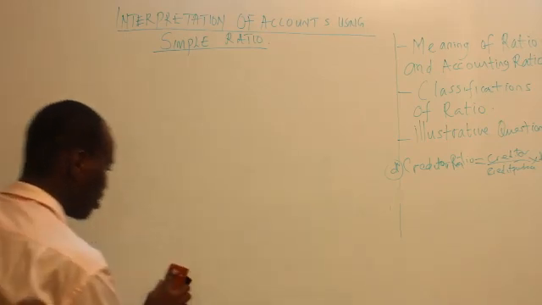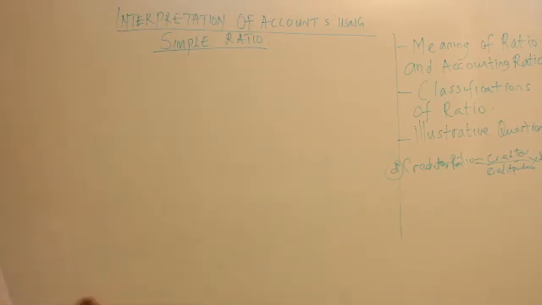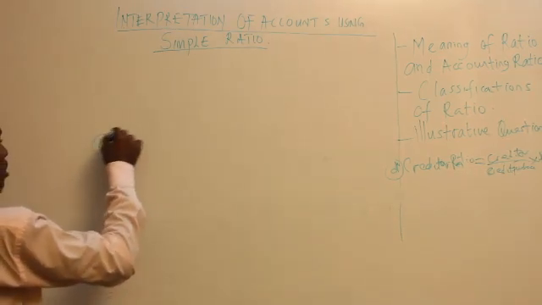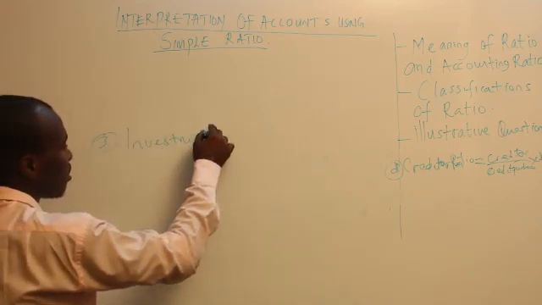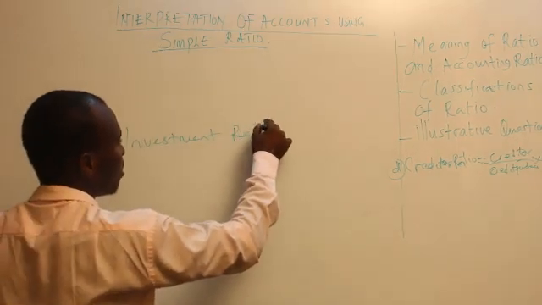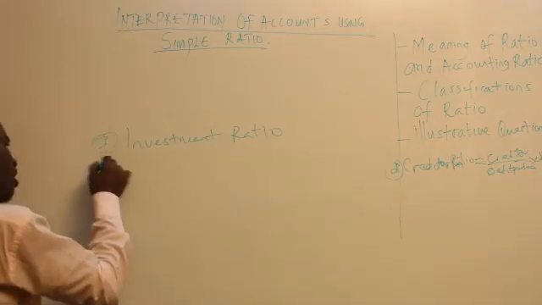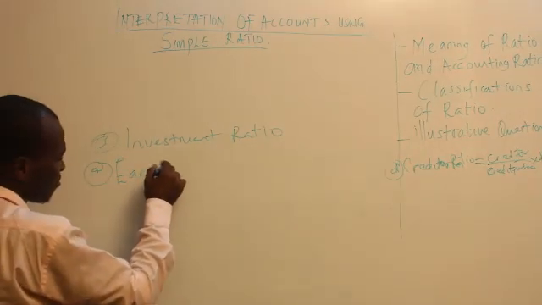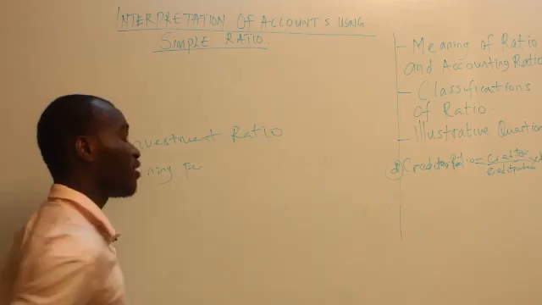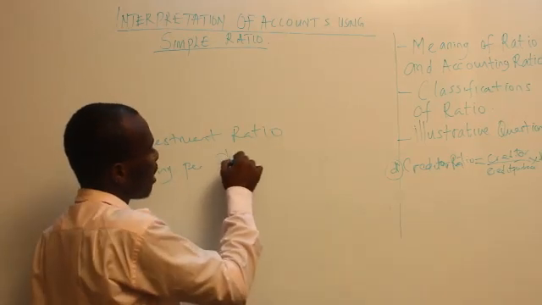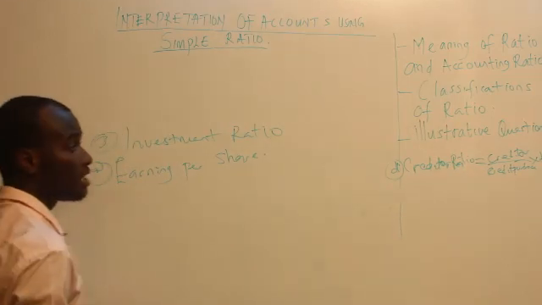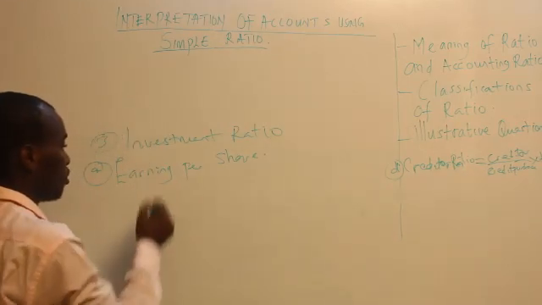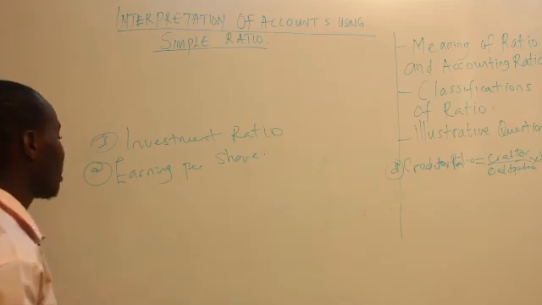The first thing, let's look at A, earnings per share. This is the ratio used by the potential investor to analyze the financial statement of the organization.